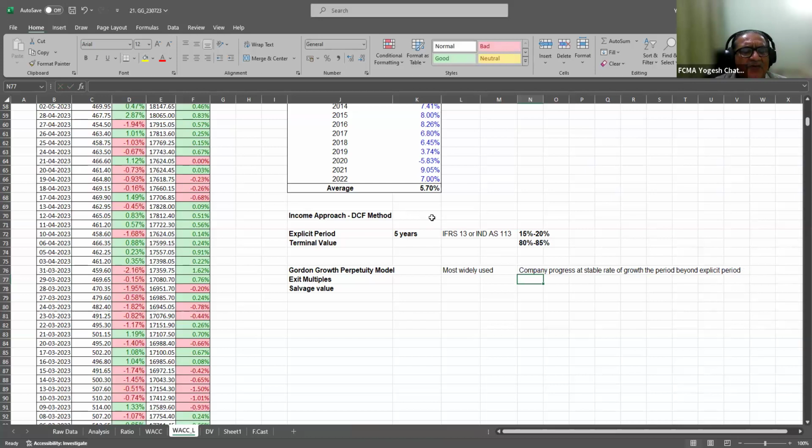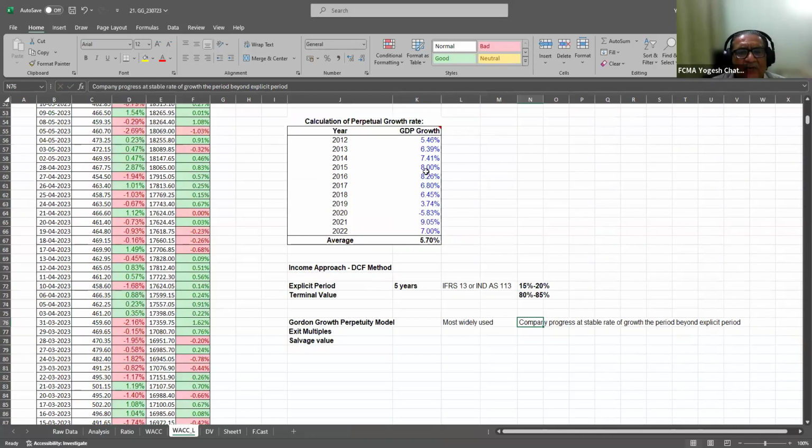So it is very important to determine the rate at which the company will progress in the terminal period. The guideline for that is the terminal growth rate.